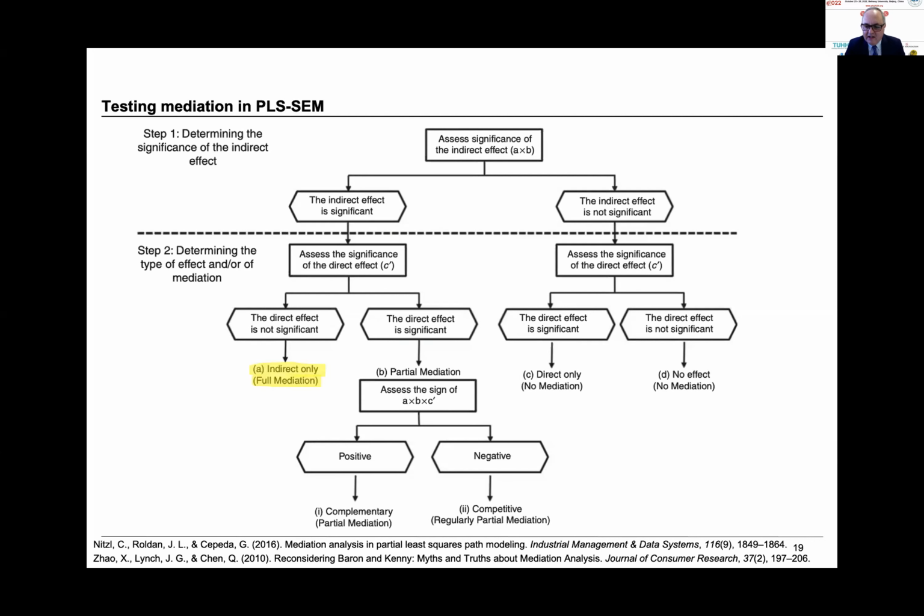We can typically find two types of moderator, according to the nature of the variable. So we have categorical moderators, such as gender or social class, and continuous moderators, such as income, age, and so on.